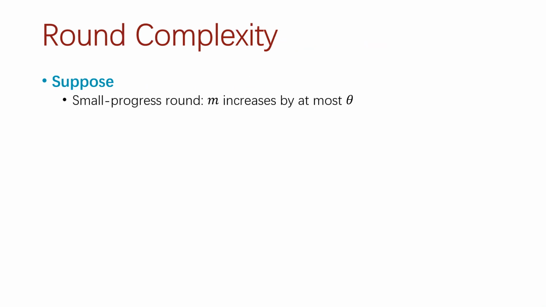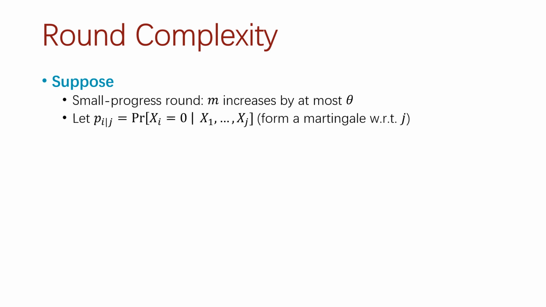To analyze the round complexity, we define the notion of small progress rounds: rounds where we only increase m by at most theta, where theta is a parameter to be determined. Let pi given j denote the probability that xi equals 0, conditioning on x1 to xj.